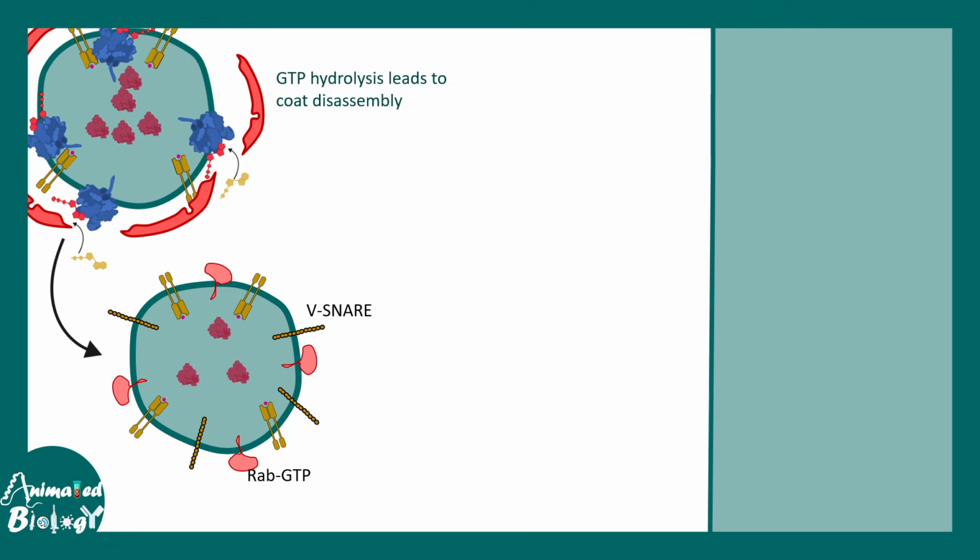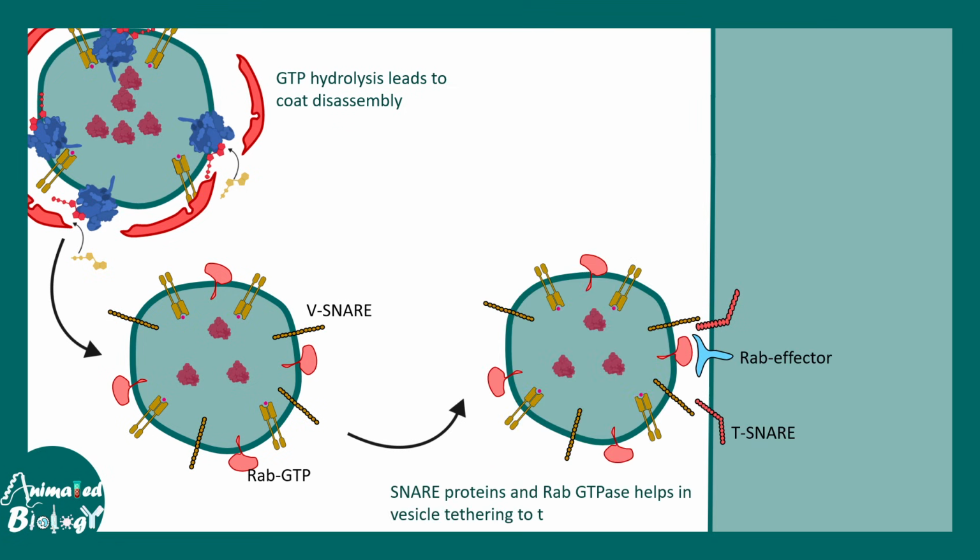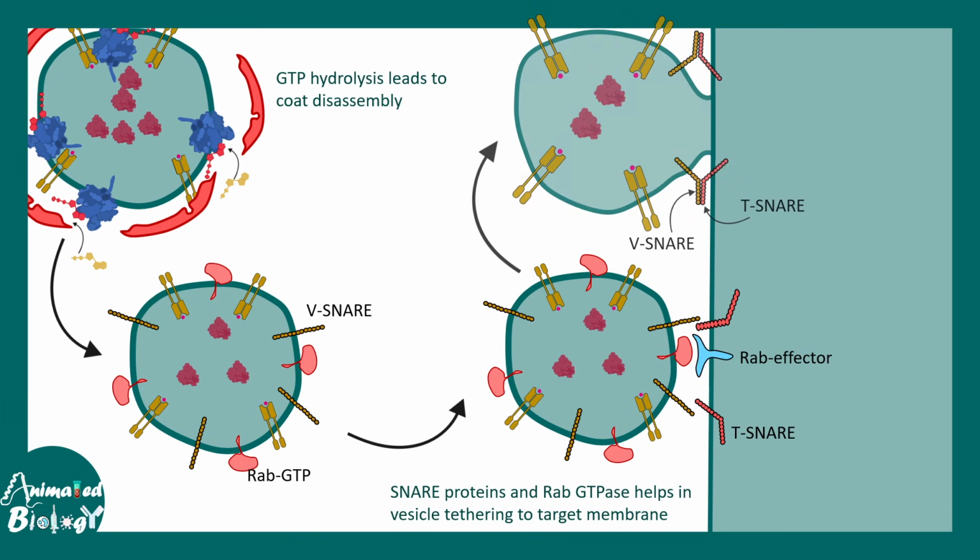RAB is another GTPase which acts like a molecular matchmaker, and it binds to specific RAB effectors on the target membrane. Also, the target membrane has t-SNAREs, or target SNAREs. All these t-SNARE and v-SNARE mediated interactions would eventually bring the membranes so close to each other that the membrane of the vesicle and the membrane of the target compartment would become continuous.